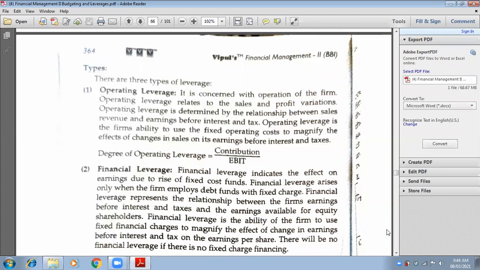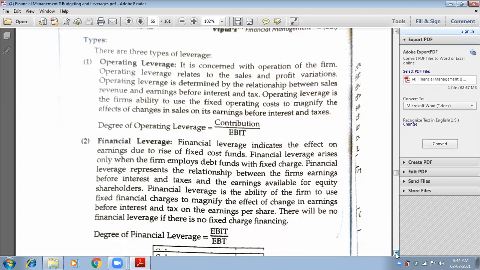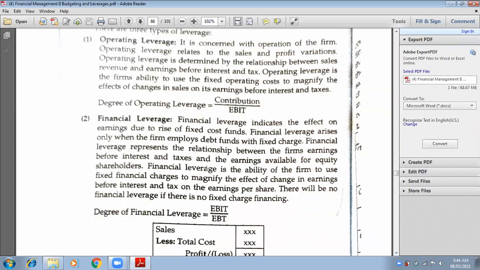Next, financial leverage. Now financial means the earnings that your company earns, first of all, that is EBIT. Earnings that your company earns, that is EBIT, before giving interest, before giving tax to the government. Now from that particular profit, how much do you pay interest and what is left over with you in your company?